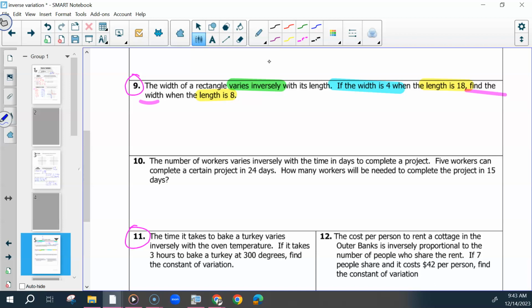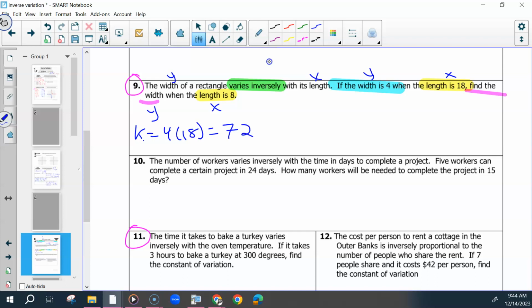So the width is going to be x or y? Length is x, so every time you see width, y. Find k by doing what? 4 times 18, which is 72.